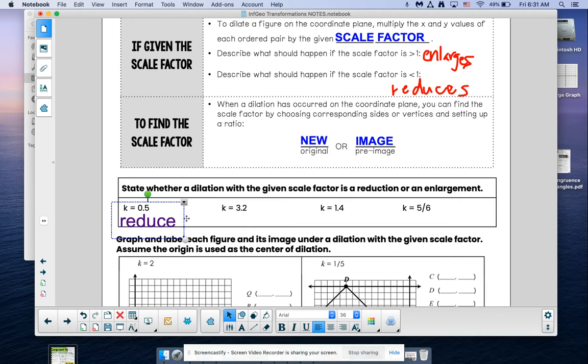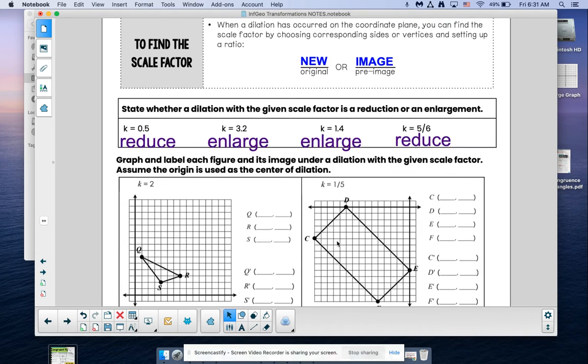If our scale factor is 3.2, it's going to enlarge it, because it's bigger than 1. 1.4 is bigger than 1, right? So it's going to enlarge it. Now what about 5/6? 5/6 is less than 1, right? Because if it was bigger than 1, our top number would have to be bigger than 6. So it's a reduction.